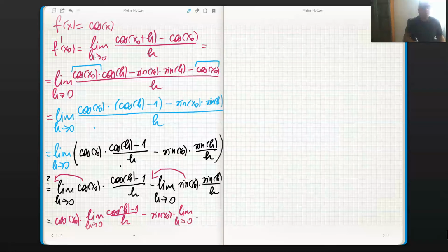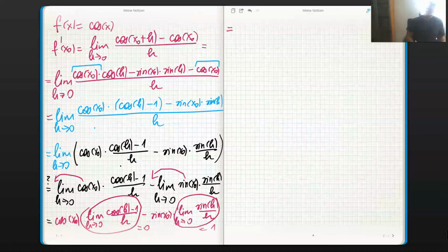We have a limit h towards 0 of sine of h divided over h. This limit we are also familiar with. This is 1. So this gives us 0, and that gives us 1. So this is why we're getting to minus sine of x0. That's the result. And the question mark can be erased.